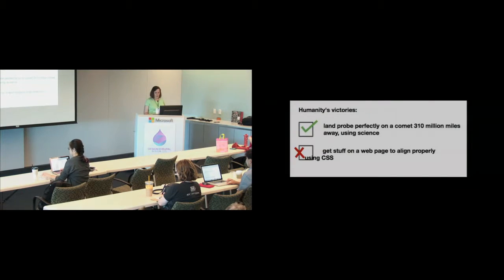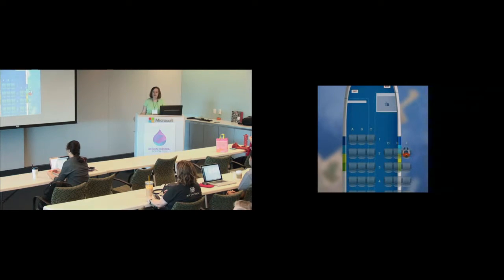And we love CSS. There are so many awesome things about CSS, but getting things to align on a page often eludes people. And CSS has other problems as well. It can kill you, right?